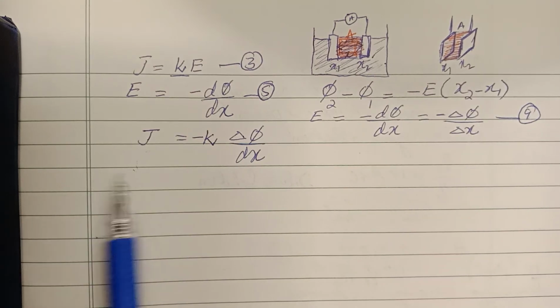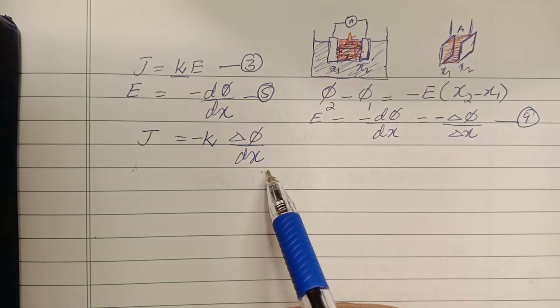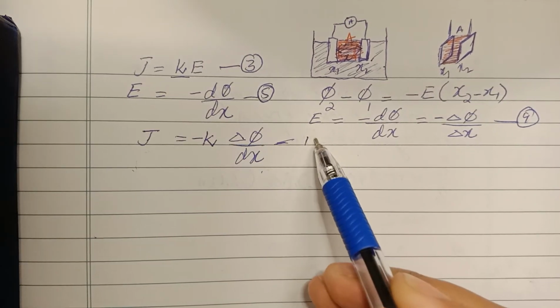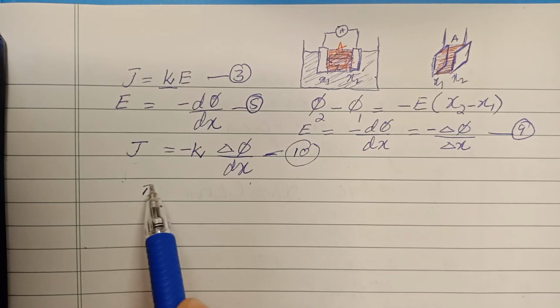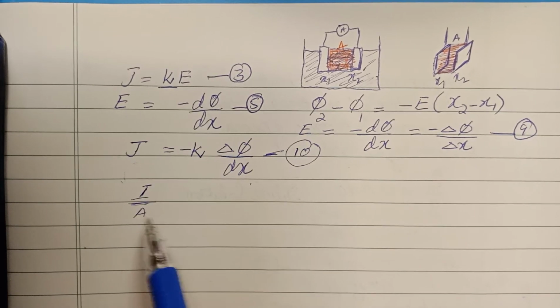In terms of current, we can write this equation, which is labeled as equation number 10. In terms of current, the current density is the current per unit area.